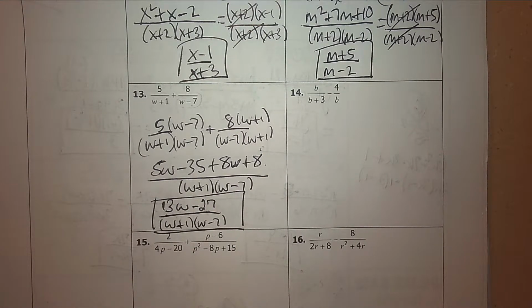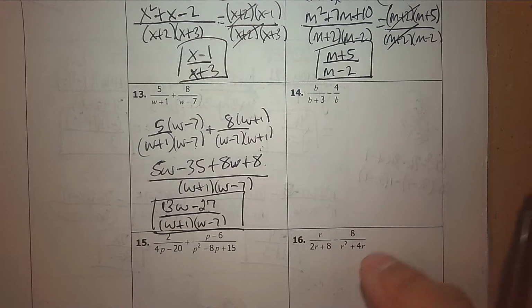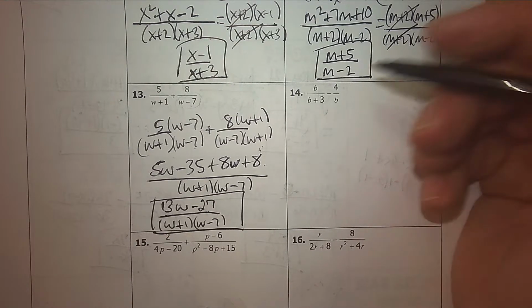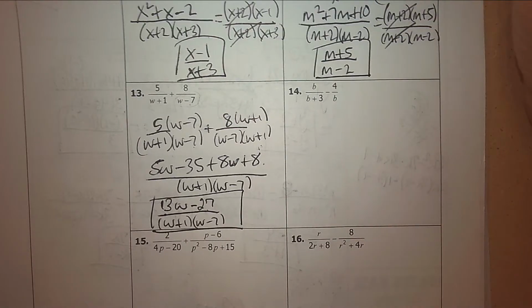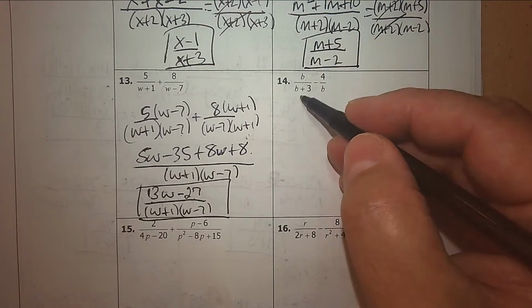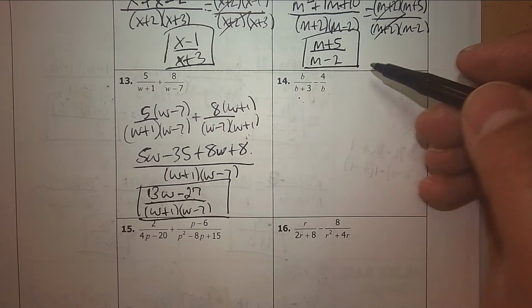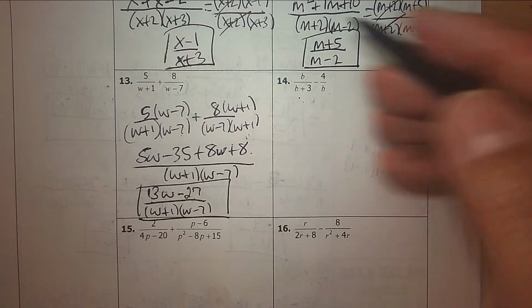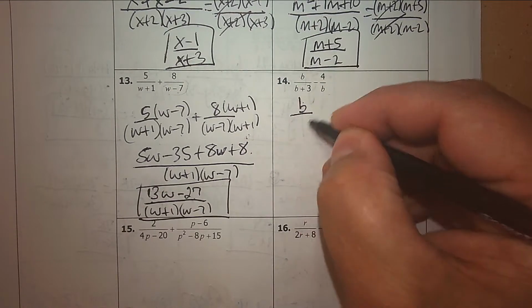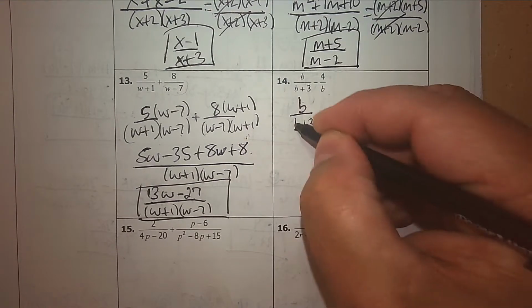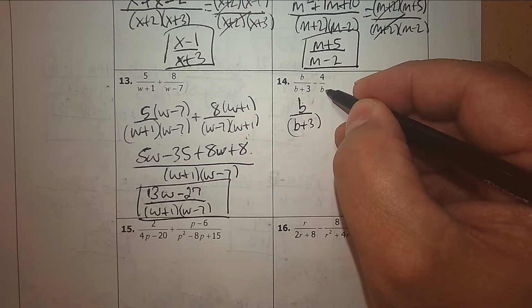Let's try that technique again together, and then 15 and 16 will end there. So 14, are the denominators the same? No. Are they prime or are they factorable? And because they're prime, how am I going to make the denominators the same? So what's the other denominator?